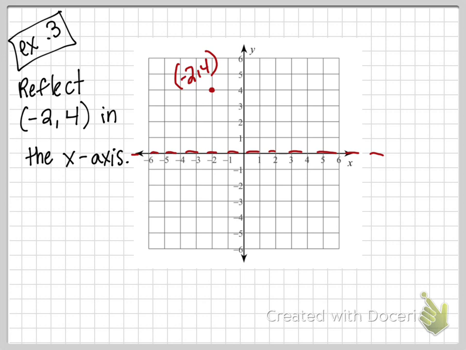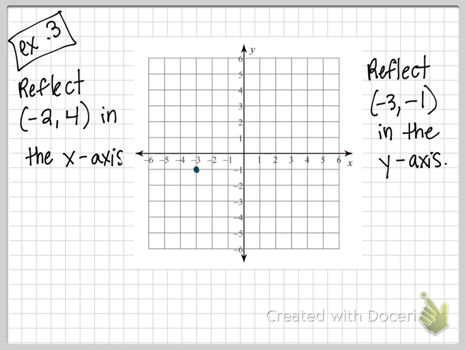We're folding in half on the x-axis. Fold in half. Good. Other side. Okay, notice the coordinates of the new point. The x stayed the same, but we took the opposite of the y.